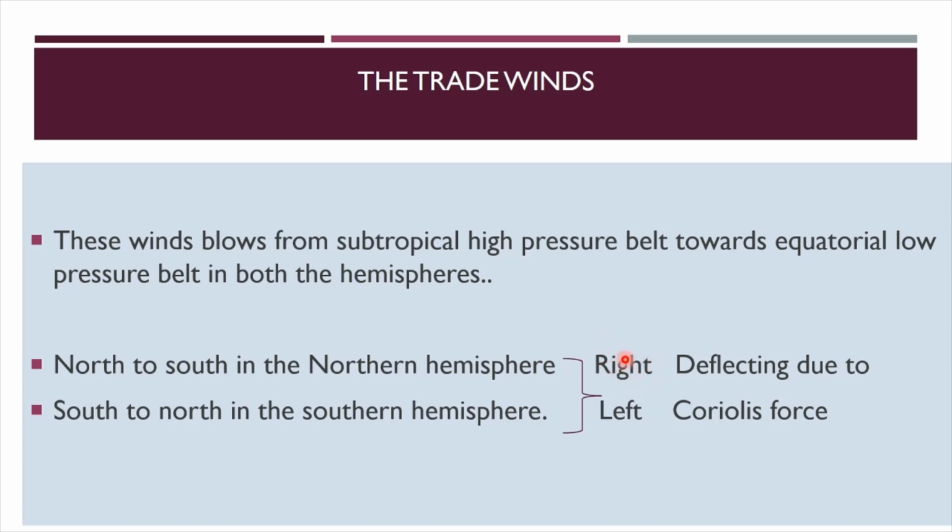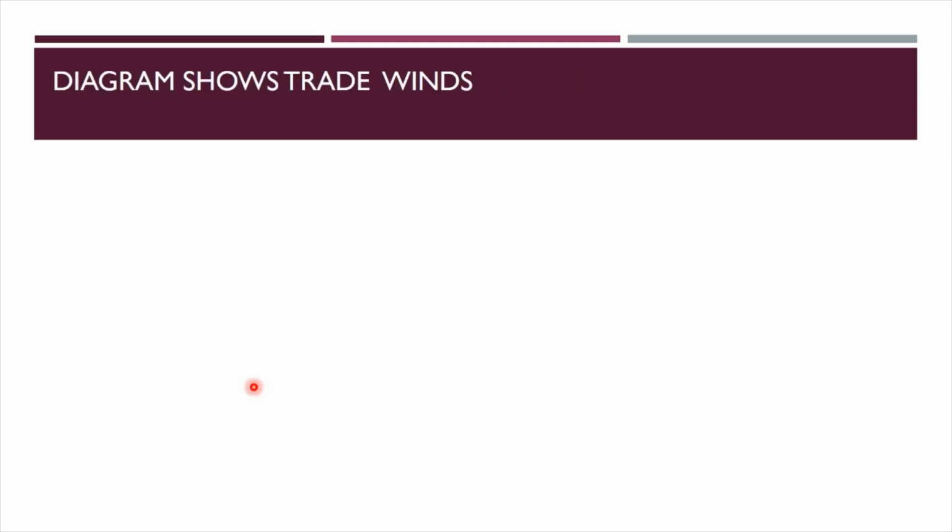I will show you the diagram in the next slide, but just remember that north to south, it deflects to the right side. South means down, north means up. So south to north, it deflects to the left direction. This is because of the Coriolis effect, that means the rotation of the earth. So let's see the diagram. The diagram shows trade winds.